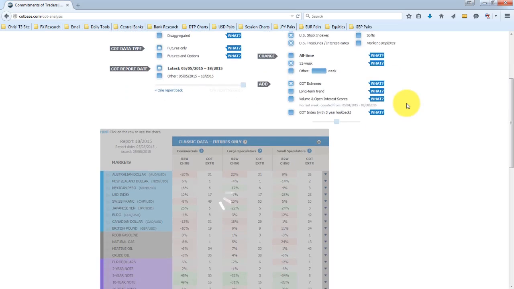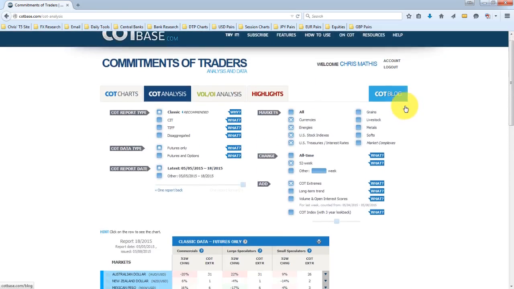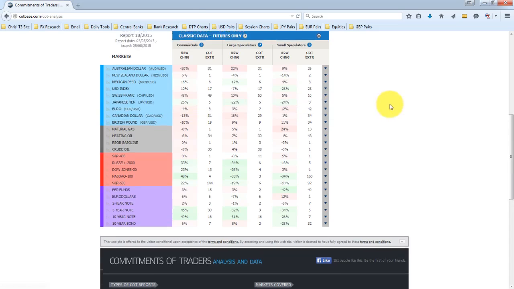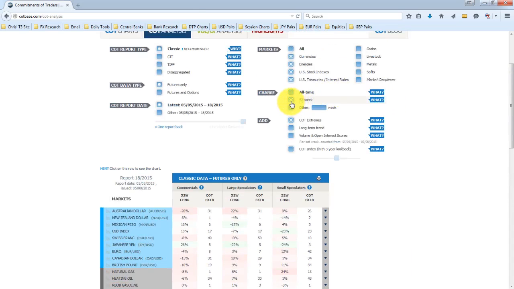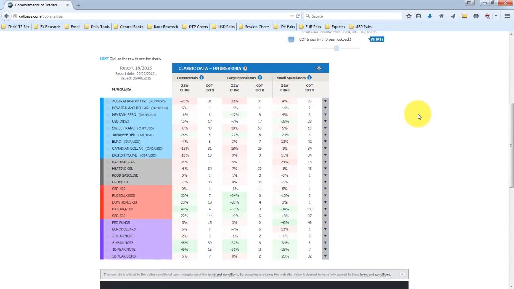So it breaks this down over here to where that's all you're looking at right here. And you can also change whether you're looking at the 52-week change, or if you want to customize that to where you're looking at a shorter time period or whatever you want to look at. You can look for long-term trends, COT extremes. There's just so many ways to break the data down.